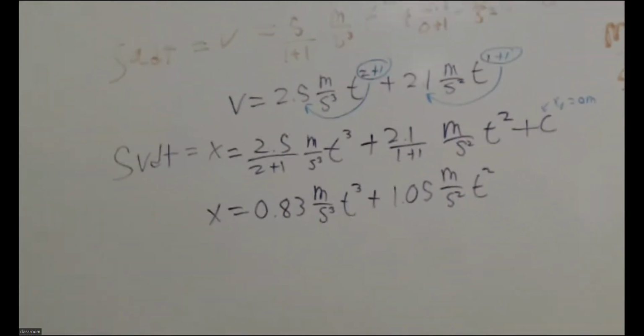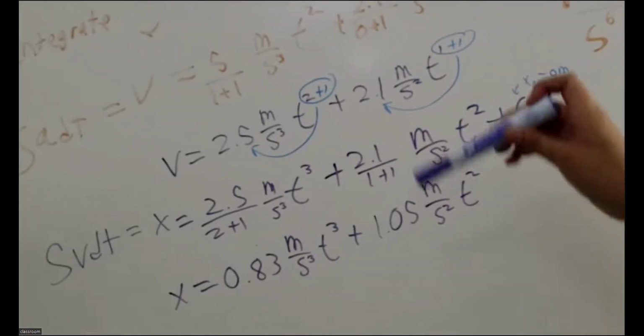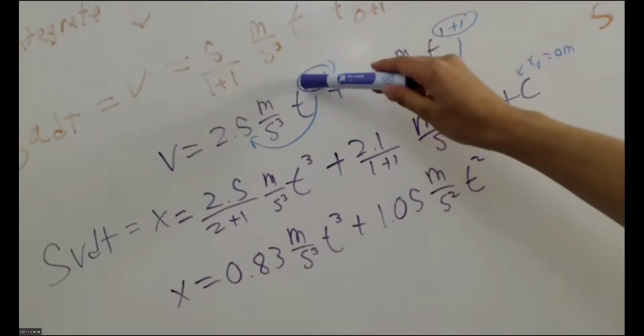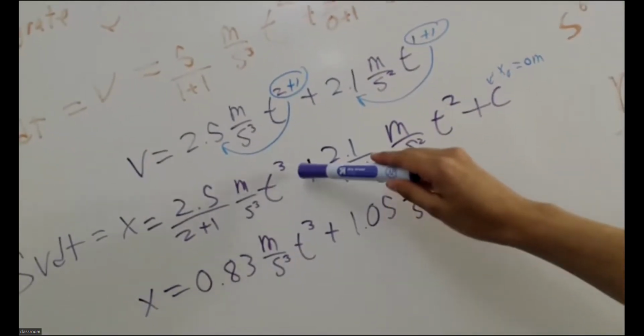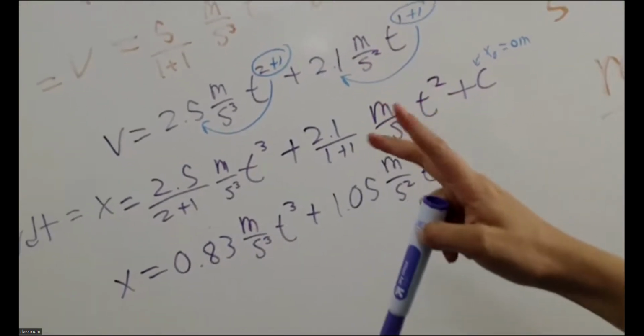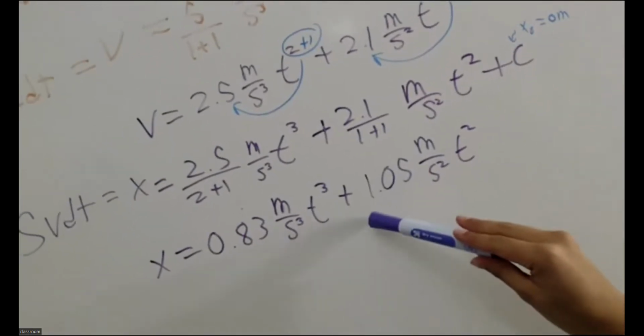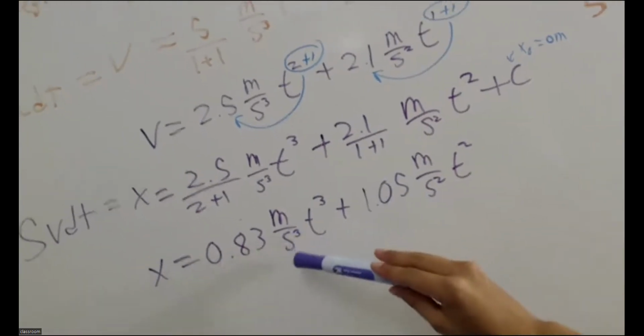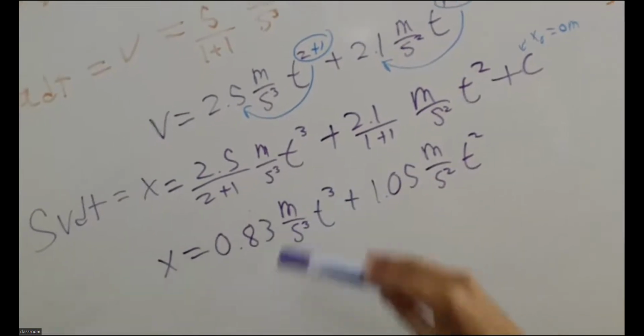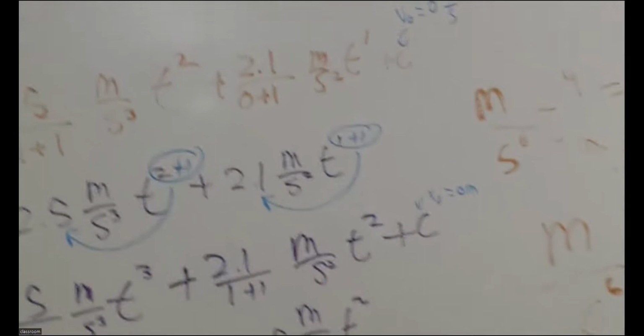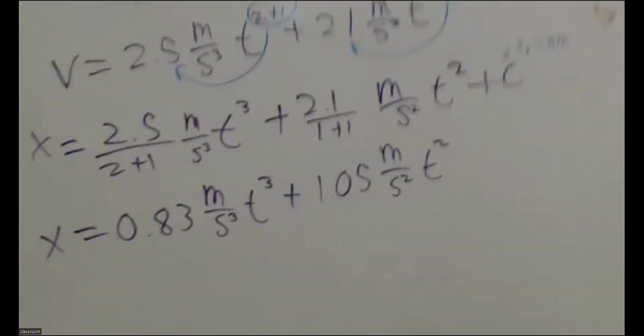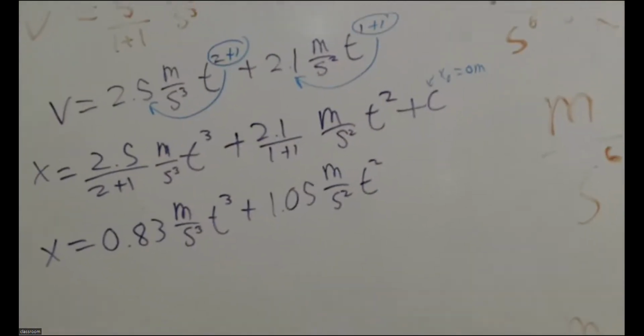And we made note that you went from t squared up to t cubed. So you added a t, and then that cancels out your meters over seconds cubed here, which is a unit that stayed constant the entire time, right? Cool. I'm gonna go ahead and put this down.